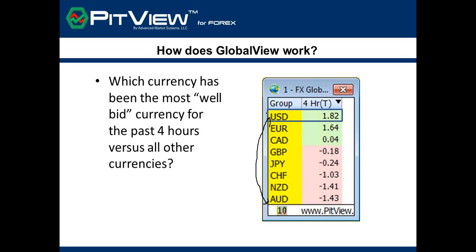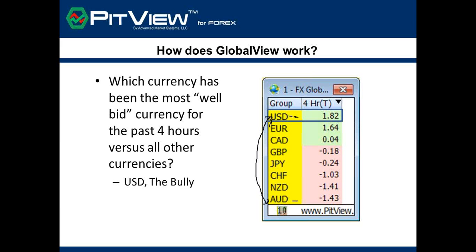This was just an older PowerPoint that I had, but you can see here when this ranks it from the market maker buy-sell imbalances, it shows the dollar being the most well-bid currency or the strongest currency, and it also shows the Aussie down here as being the most well-offered currency with more sell imbalance from a market maker perspective.